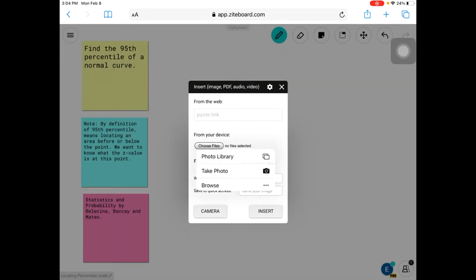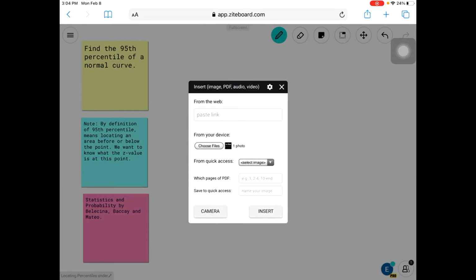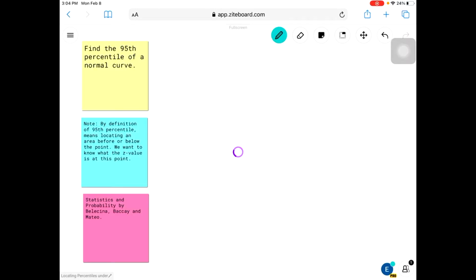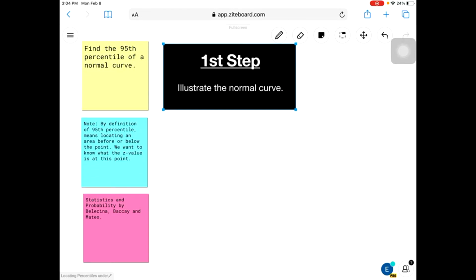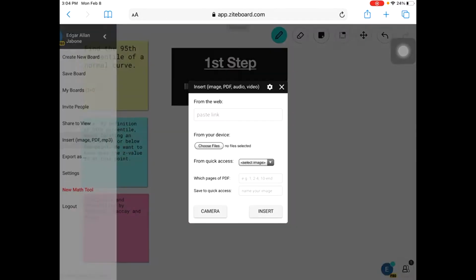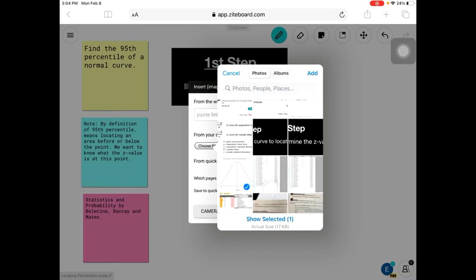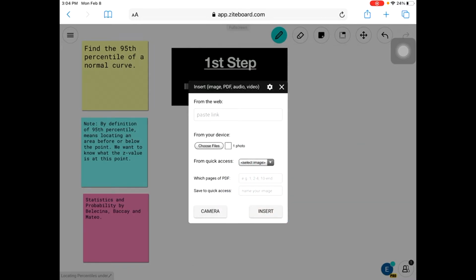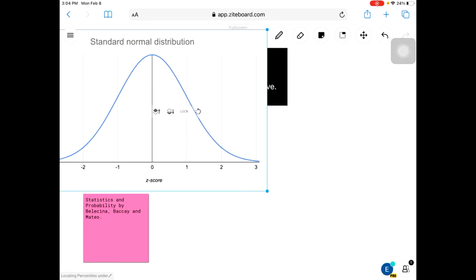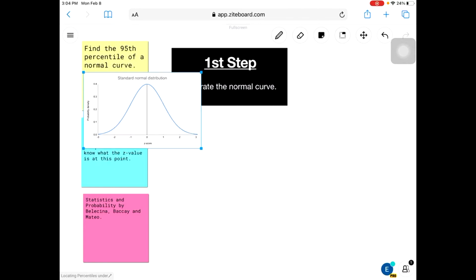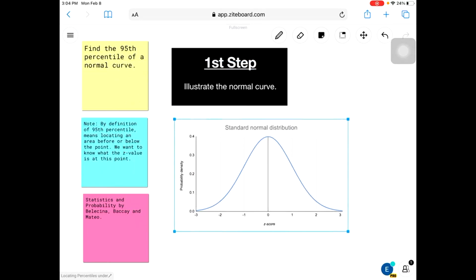The first step is to illustrate the normal curve. Let me just insert the normal curve image. Applying the concept of percentile, we will arrange the values in the normal curve in ascending order.